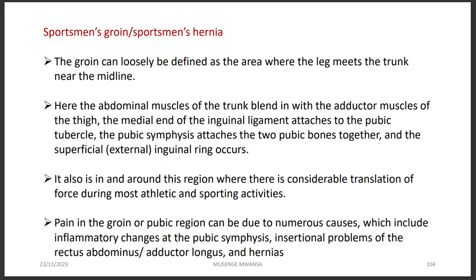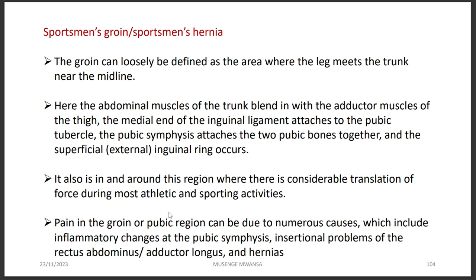Abdominal muscles of the trunk meet with the adductor muscles of the thigh at that point. The medial end of the inguinal ligament is formed at the pubic symphysis, and the superficial inguinal ring occurs there.